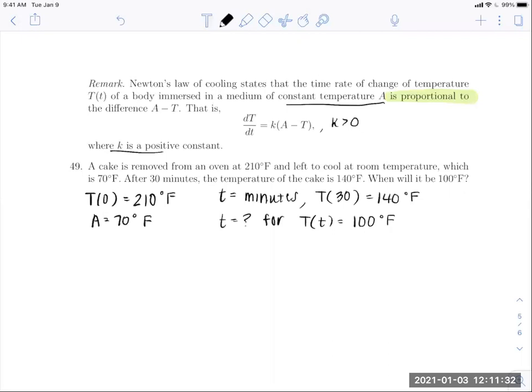Okay, so first, I'm going to make a quick note here. What's something that I know about the temperature of this cake? I know that it's starting off at 210 and it's cooling down. And furthermore, I know that at least on planet Earth, it's never going to get below the temperature of the room, right? It's not going to spontaneously get cooler than 70 degrees.